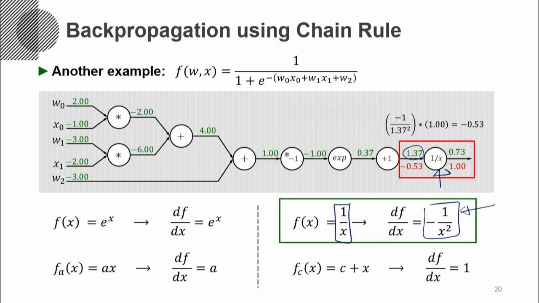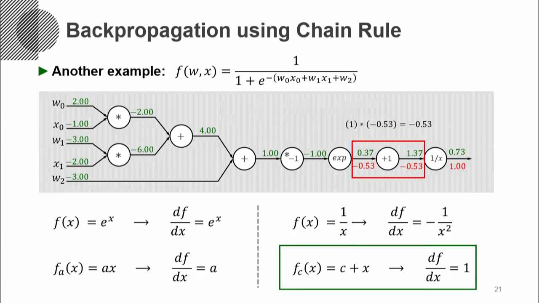1.37, and then we can start with the 1, which is df over df, and this value is further transformed into this value because x was 1.37, and then we plug this value into this expression.